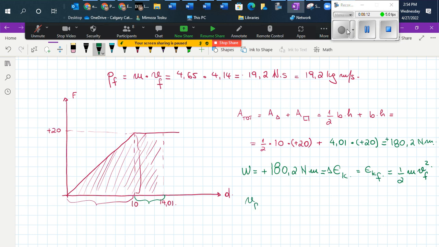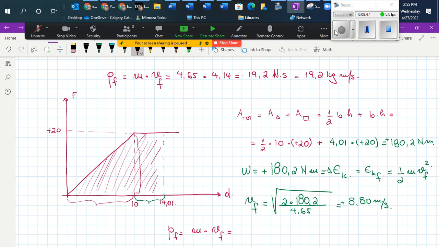So v final will be the square root of 2 times 180.2 divided by mass, which was 4.65. Enter it in your calculator. Your final velocity is 8.80 meters per second.